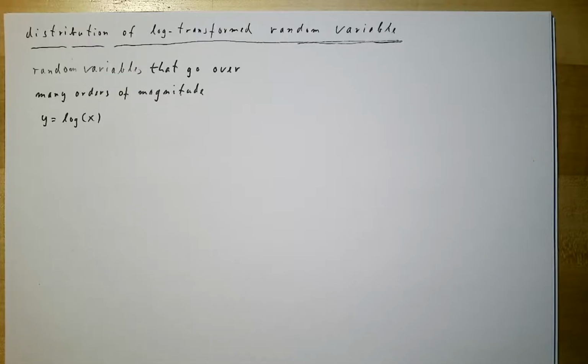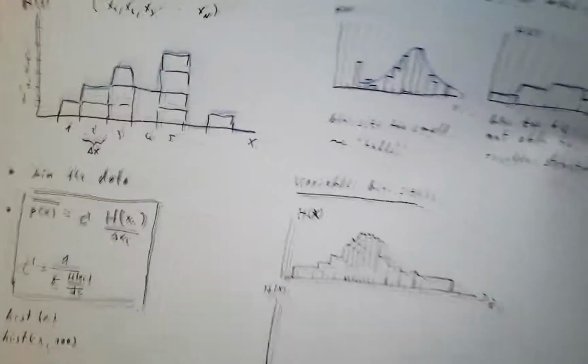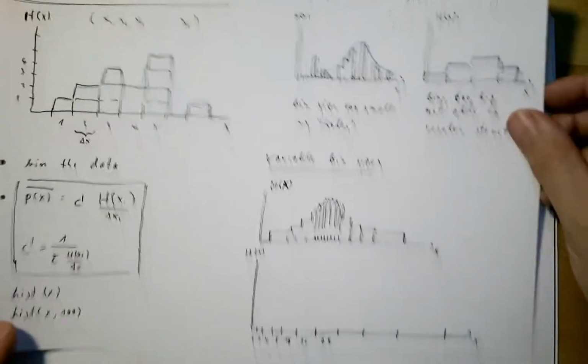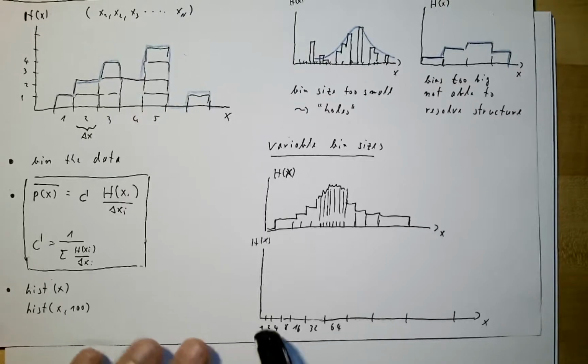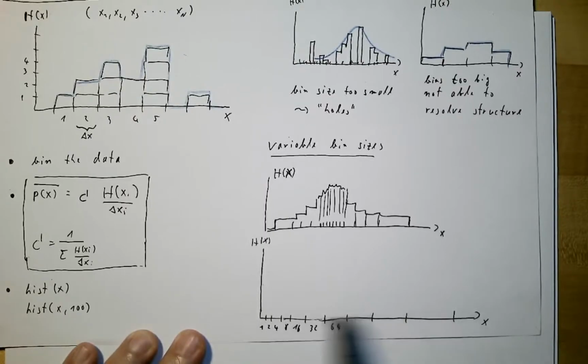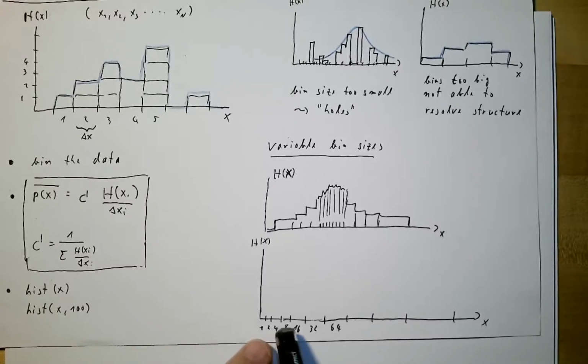And this is, for example, important as another technique to estimate the probability distribution. Here we showed you if we have variables which go over many orders of magnitude, sometimes you can try to make bins which increase more and more in bin size when x gets larger.